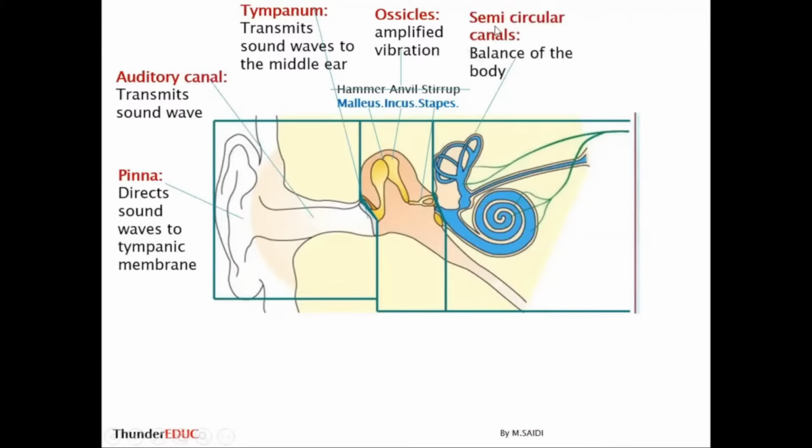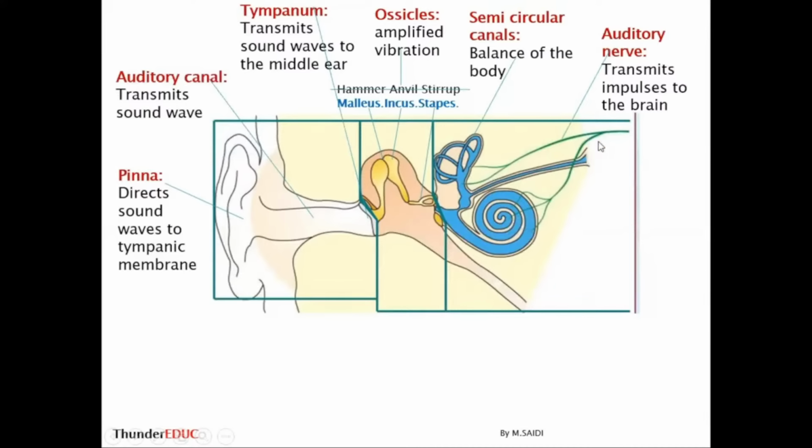And then we have the semicircular canals. These have sensory receptors for balance, that is the cristae and the maculae. Then you have these wires, which you call the nerves. Yes, the nerves are very important, transmitting the impulse to the brain. Some come from the semicircular canal, responsible for balance, some from the cochlea, which is for hearing.